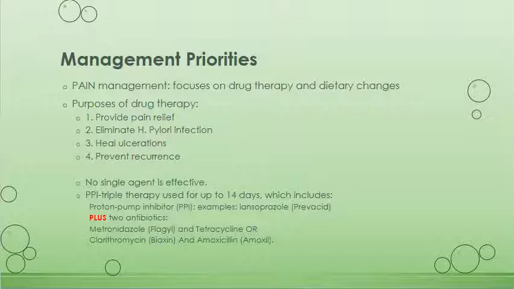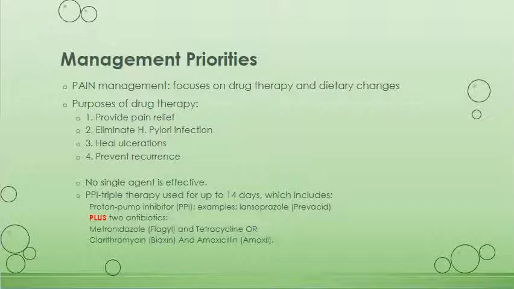In the treatment plan, no single agent is effective. It needs a combination therapy, called PPI triple therapy, which is used for up to 14 days. The PPI stands for proton pump inhibitor, and an example of that is Prevacid or lansoprazole, and they also have to have antibiotics to treat the actual bacteria.